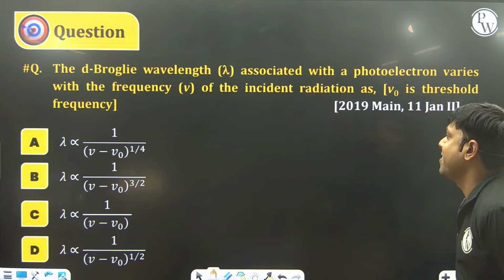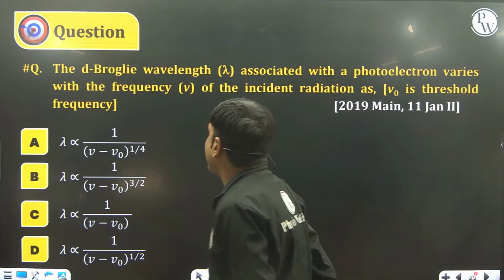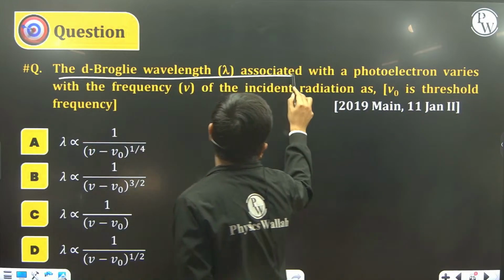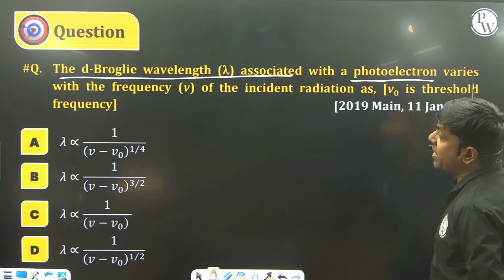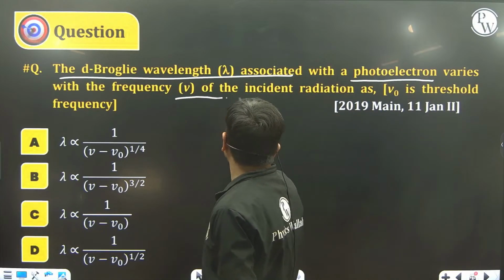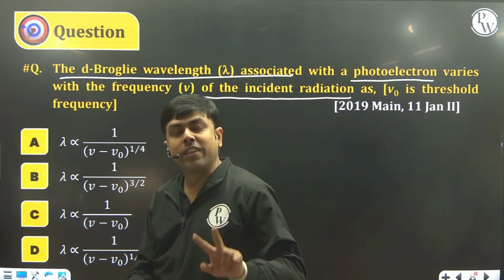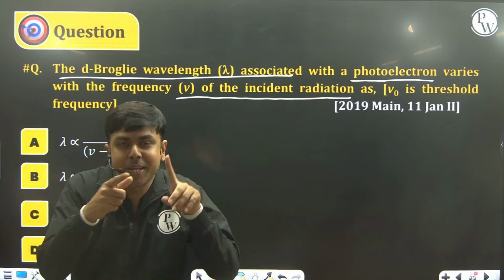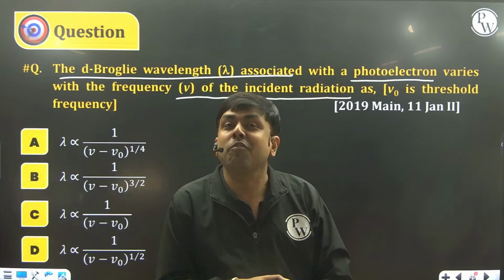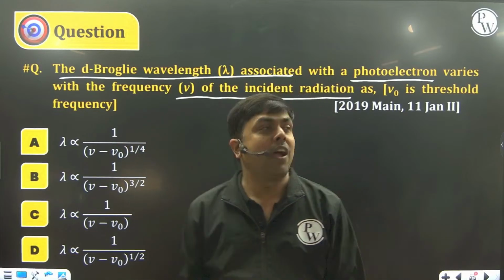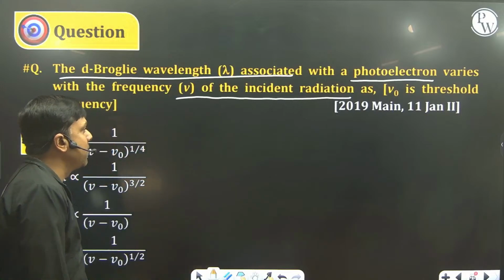The question says the de Broglie wavelength associated with a photoelectron varies with frequency of the incident radiation. Okay, so they have clubbed two concepts, one de Broglie and the other one photoelectric effect, and after clubbing these two concepts, this question is framed.